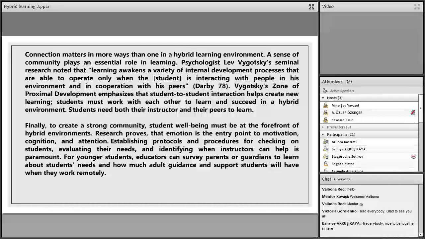Vygotsky is a Russian researcher, yes. And his theme is based on this community and connection between the educator and the student that really helps the students to be more motivated and learn better.